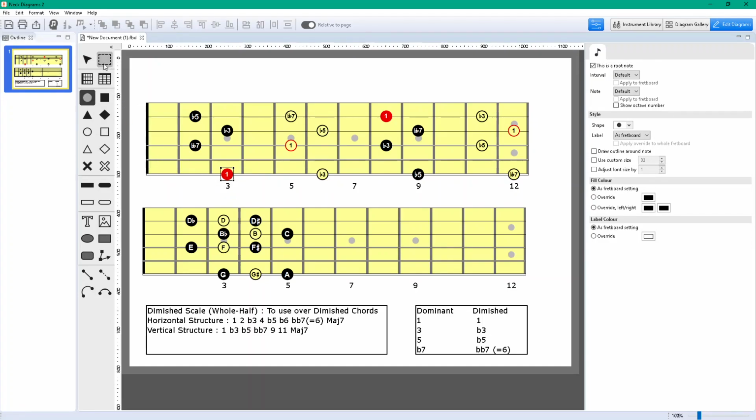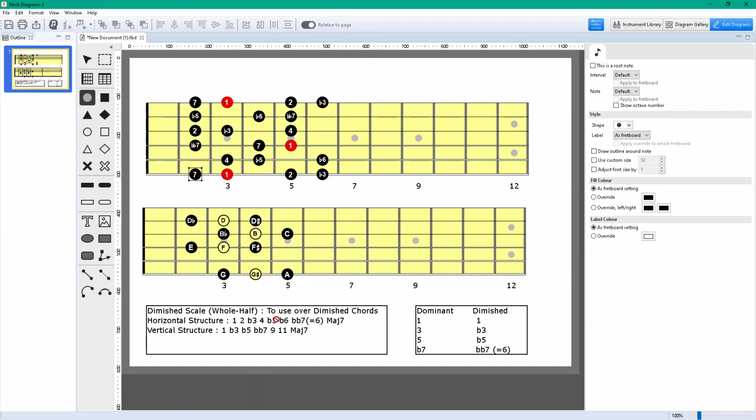The scale itself is 1, 2, flat 3, 4, flat 5, flat 6, double flat 7, major 7, back to root note, 2, flat 3, 4, flat 5, flat 6, double flat 7, major 7, root note, 2, flat 3, and if you want, you can add a major 7 here, okay?